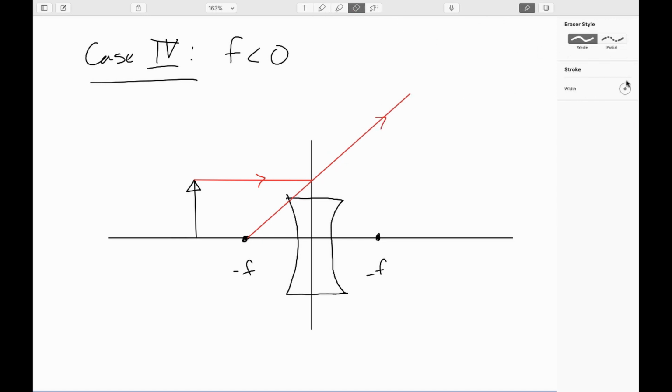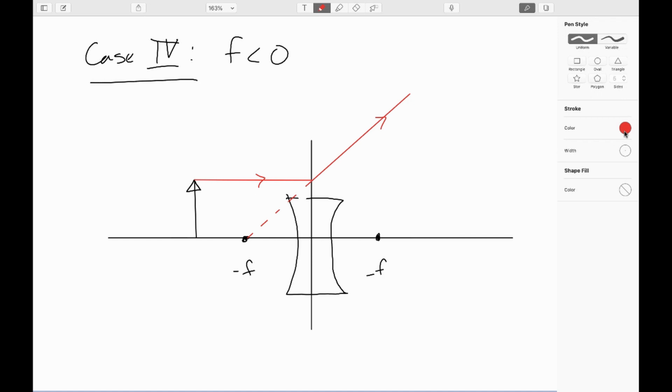You can still pretend that it's there. So I'm just dashing that in. There, that's pretty good. So even though this physical ray would not contribute to making an image, for purposes of calculating things, we can still pretend that that ray is there.